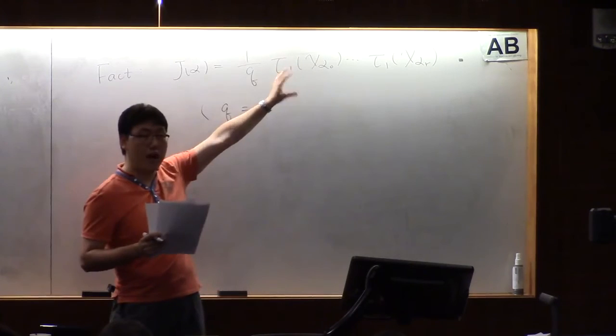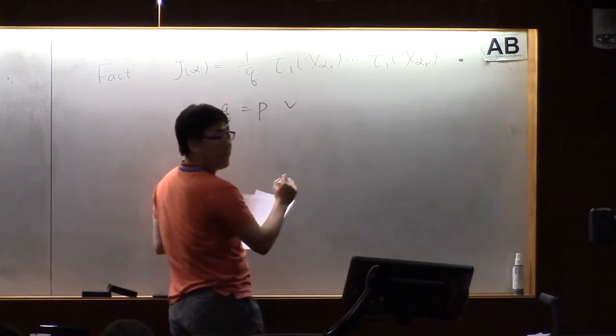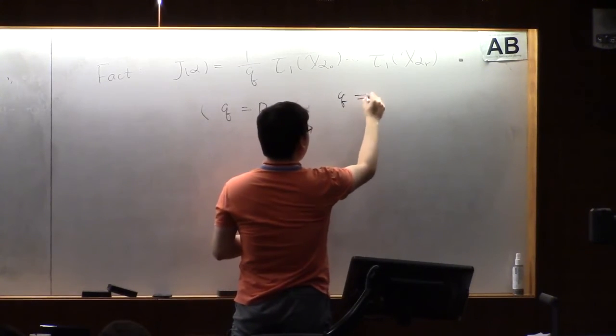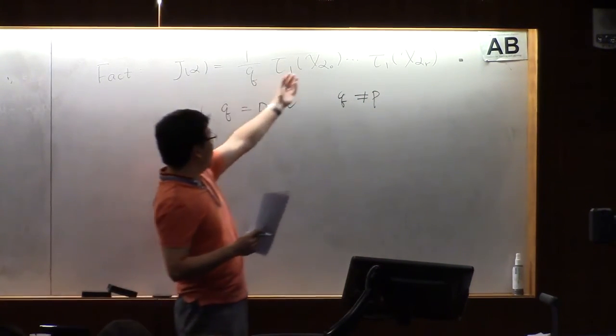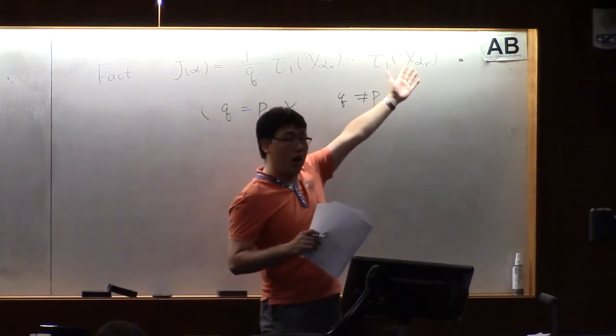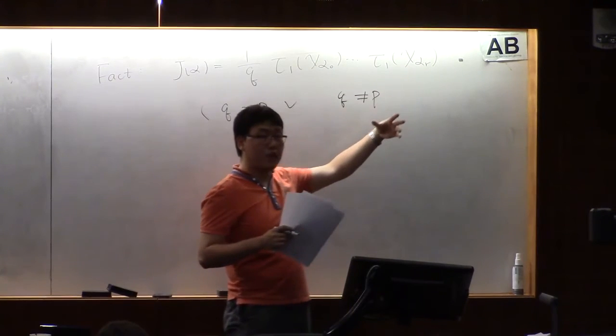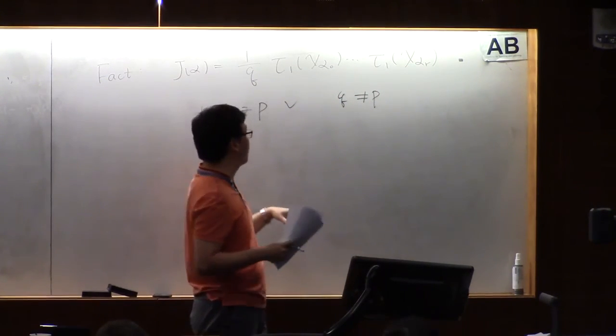All sides are well defined and they are equal. But if q is not equal to p, but a power of the prime p, actually there is a generalization of the Gauss sum for characters of a general finite field.